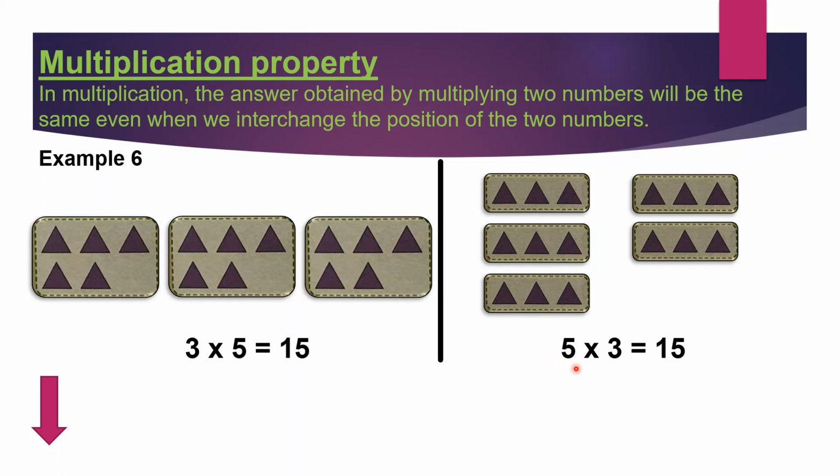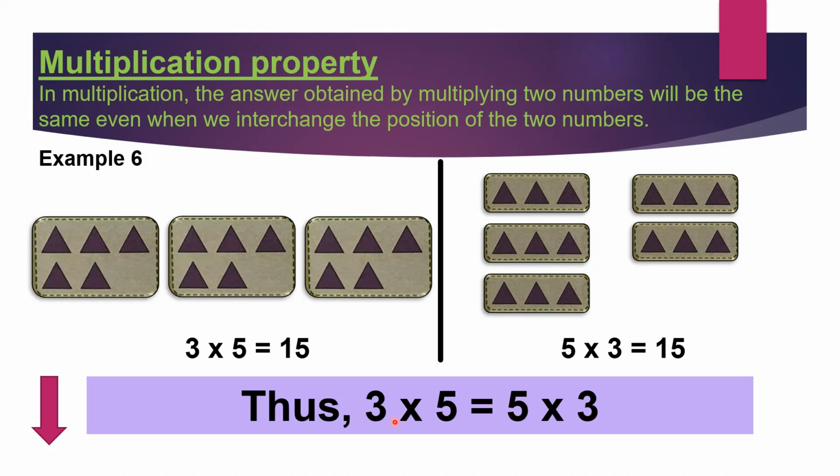So again, 5 groups of 3 equals 15. Here, 3 groups of 5 equals 15. So 3 times 5 equals 5 times 3, and the answer is 15. Understand, students?